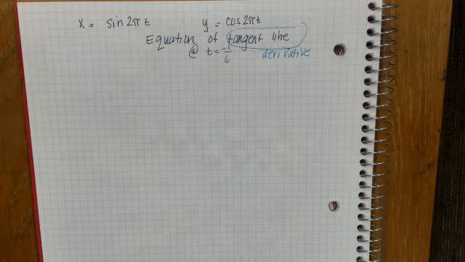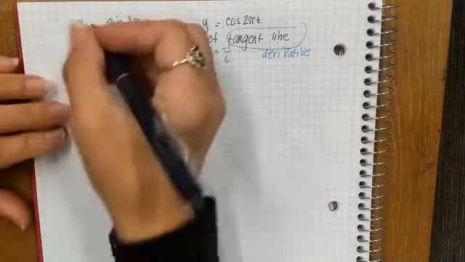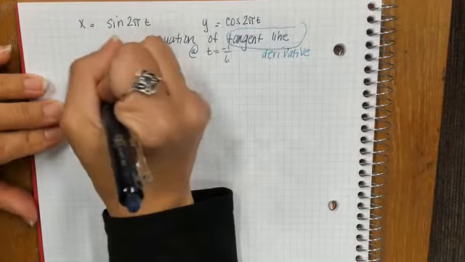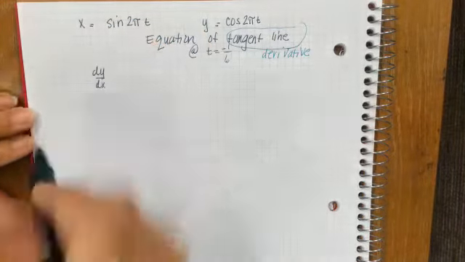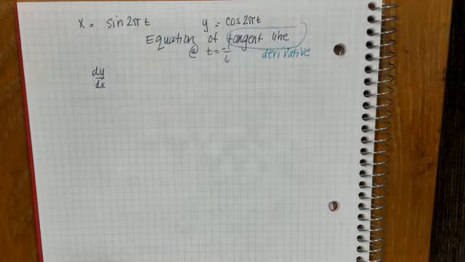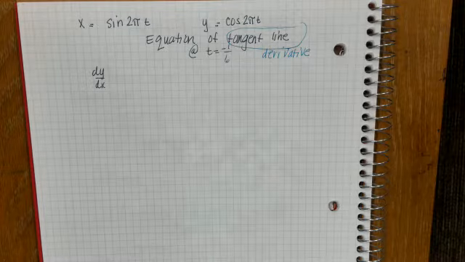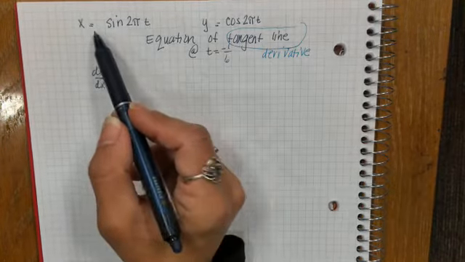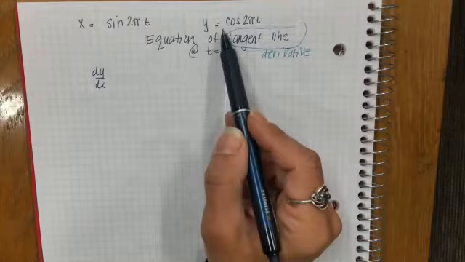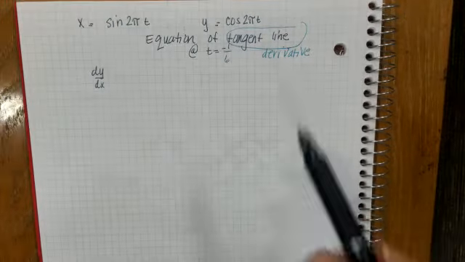Okay, so equation of the tangent line, that's the derivative, great, dy dx. The derivative of y with respect to x. What's going on?